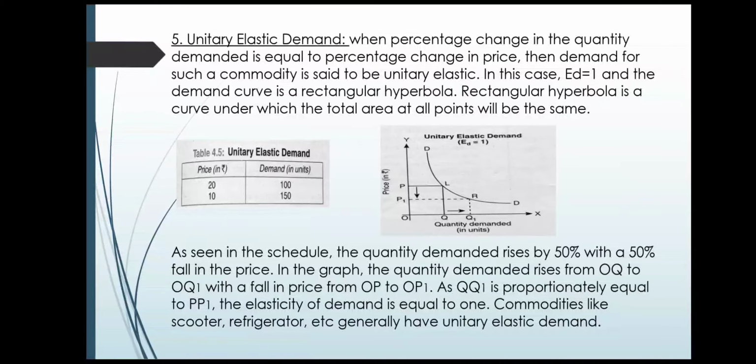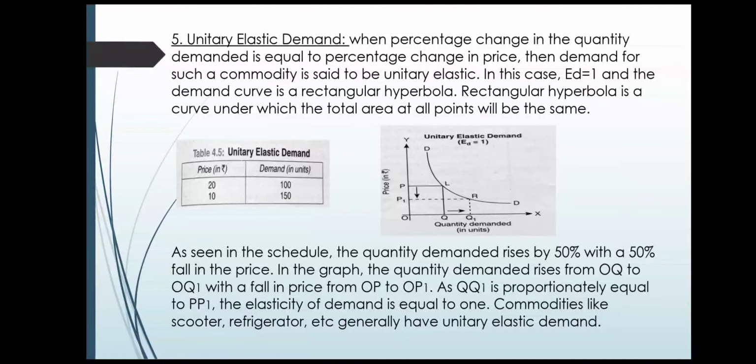Over here we can see that price decreases by 50% and as a result the quantity demanded increases exactly by 50%. And when it is plotted in a graph, then we can see a rectangular hyperbola being made.